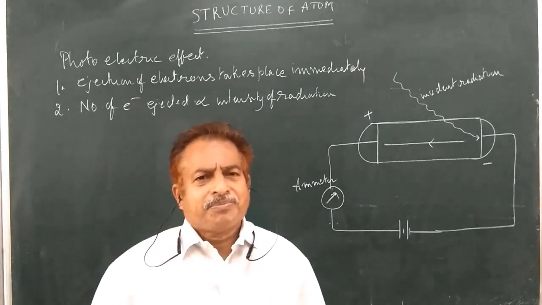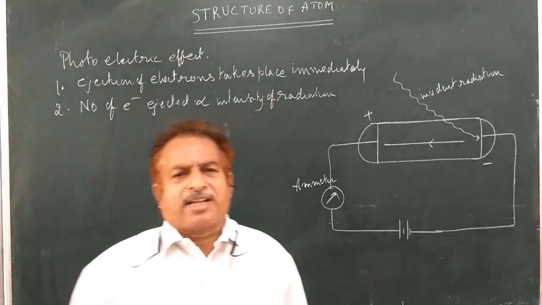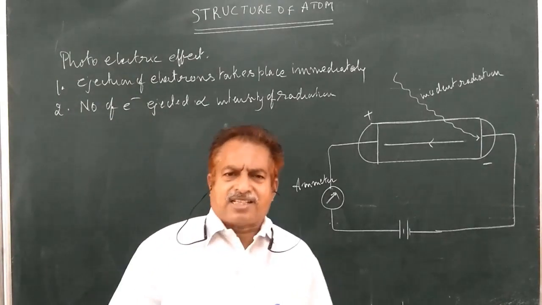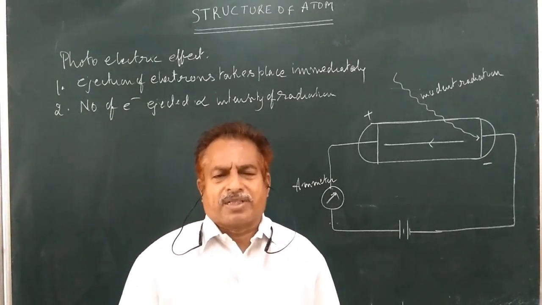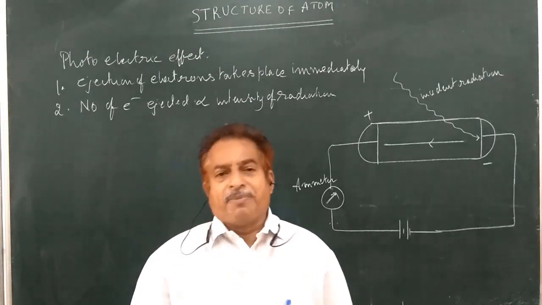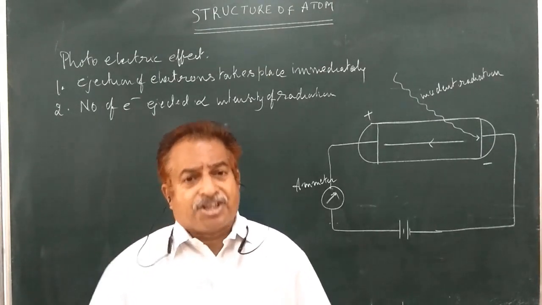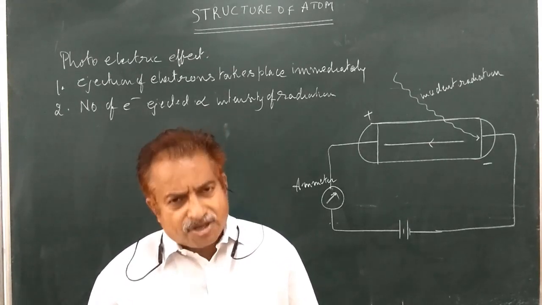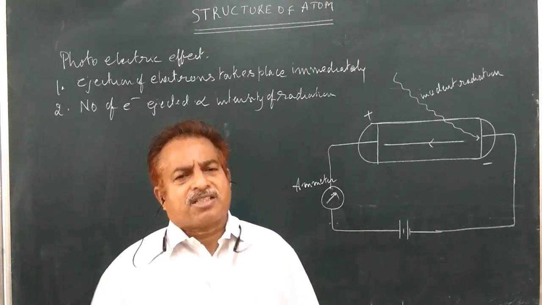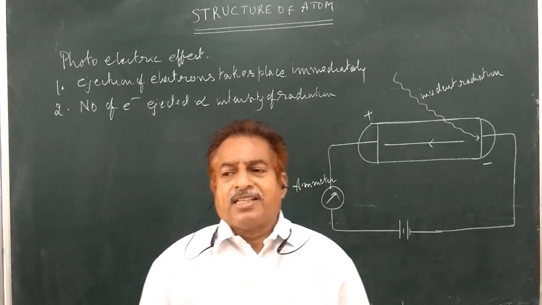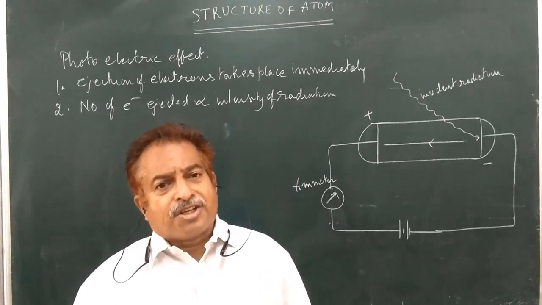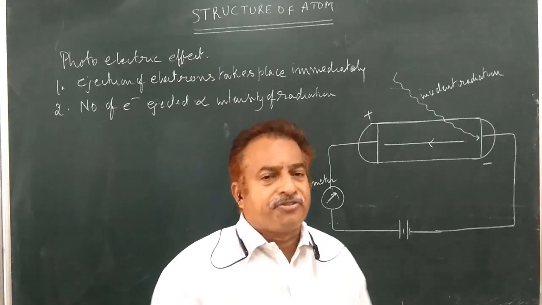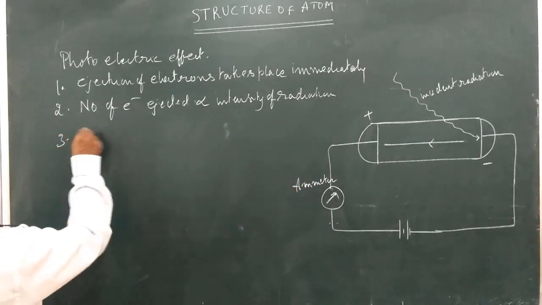For each metal, for the ejection of electrons, a certain intensity is required. If the intensity is less, the photoelectric effect does not take place. That means, for every metal, a certain minimum energy is required. A radiation of certain minimum energy is required for the ejection of photoelectrons from the metal surface, and such energy is known as threshold energy, or the frequency associated with such energy is known as threshold frequency.